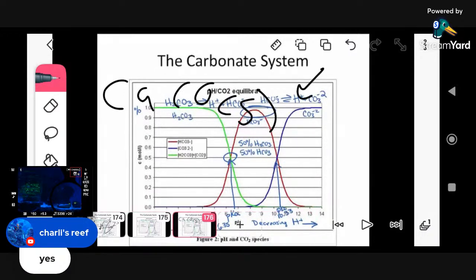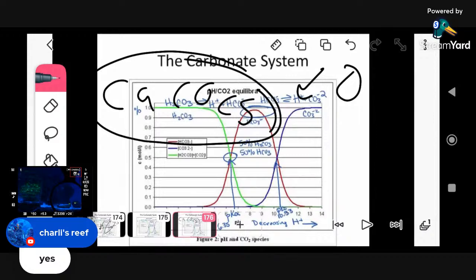That's why you see that milky look. There's all the milky stuff, right? That's the solid calcium carbonate. What's another form of calcium carbonate? Coral skeleton. What's another? Your calcium media of your calcium reactor. All right, so that's what happens, right?